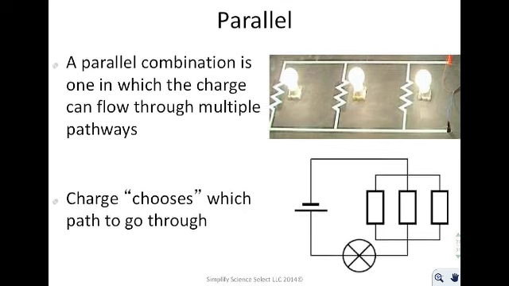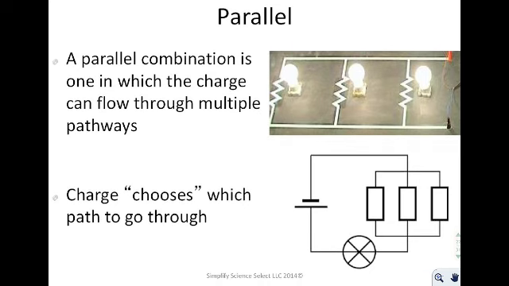When you wire something in parallel, there's multiple ways for it to travel from one end to the other. So for example, you have the positive end of the battery. It goes through to this light bulb right here. This is another symbol for a light bulb. And then you have multiple pathways at which it can go. It can go this way, or this way. Now remember, in order for the light bulb to light up, it needs a complete path.